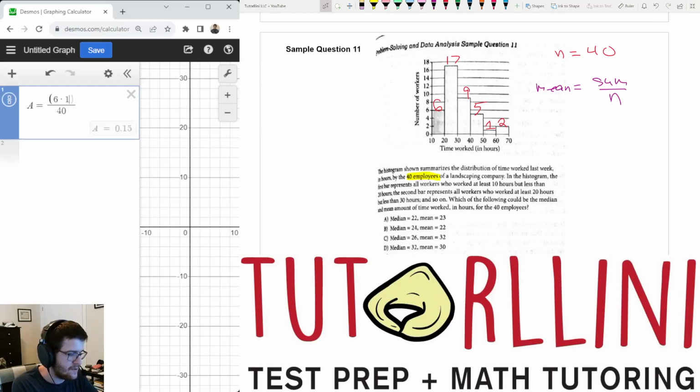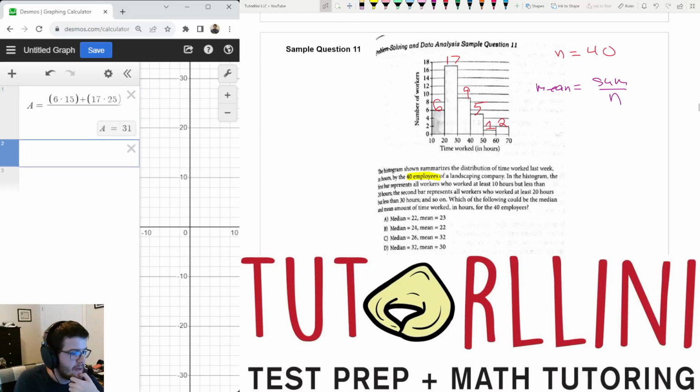So 6 times 15 plus 17 times the middle number there is like 25. Plus 9 times 35 plus 5 times 45 plus 1 times 55 plus 2 times 65.